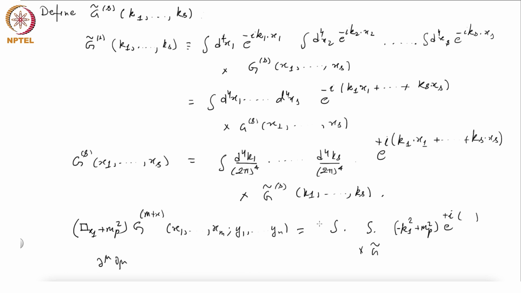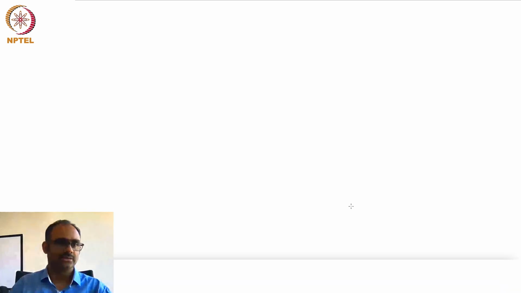So, instead of writing that, let me just collect all the terms. So, what I will do is, I will write one more time this thing. Let's write it again. It will be easier to see what is coming from where that way.